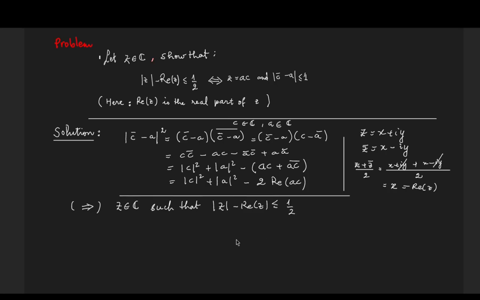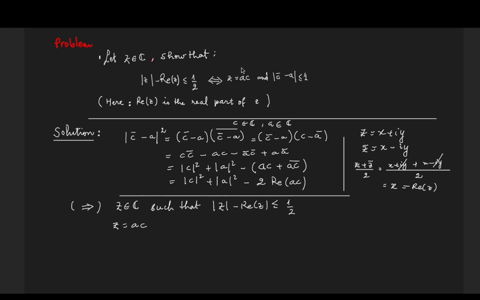Of course, any number z can always be written as a product of two other complex numbers. This is a completely valid equality. So what we need to do is to show that modulus of c bar minus a is less or equal to 1.